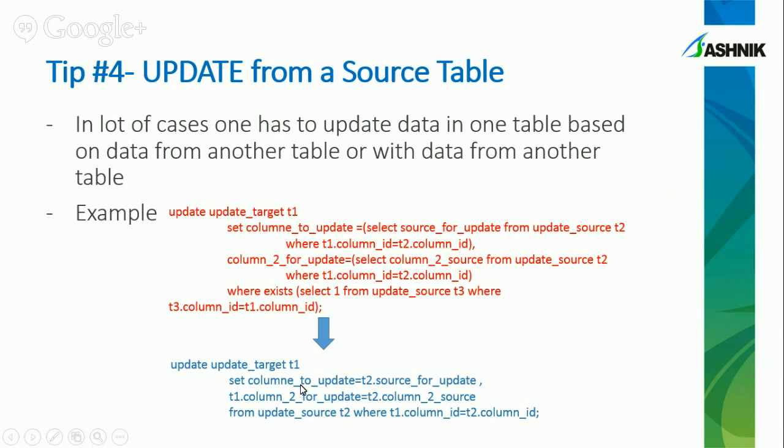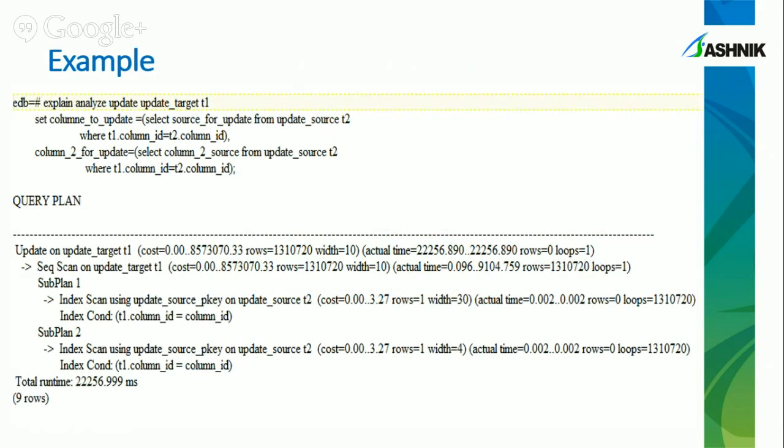Now let's look at the explain plan of the first query that we had. For simplicity, I have avoided using the exists clause here. I'm just trying to update all the rows. If they do not exist, it will be updated to null. And let's look at that. So what you see here is there are two subplans.